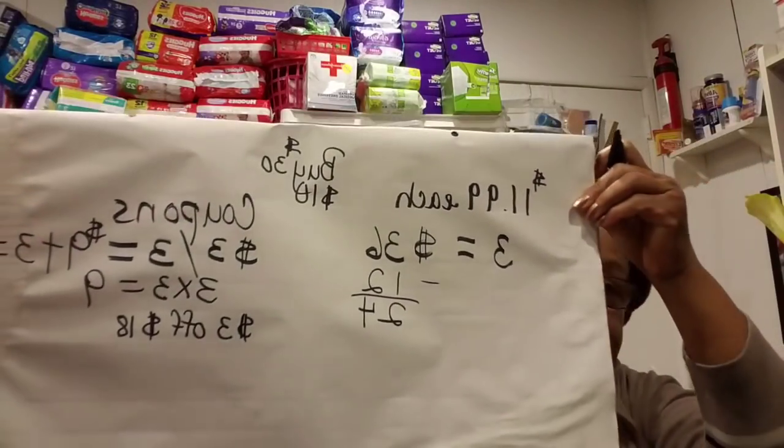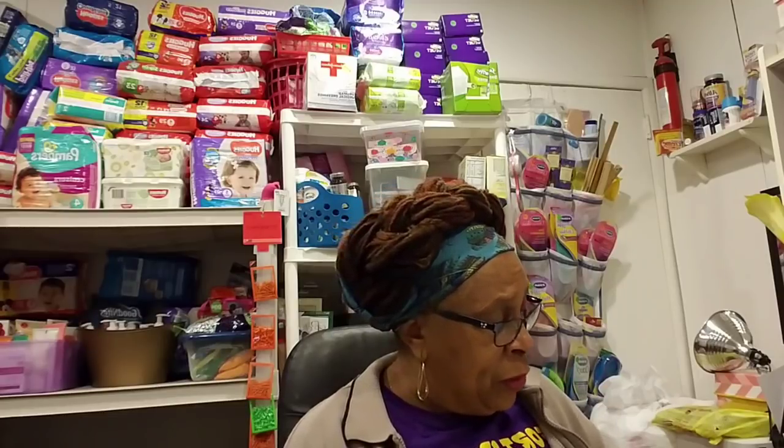That leaves me $24 that I have to pay unless I have some extra care bucks or something like that. Now let's just say I have $20 in extra care bucks that I brought to the store. So when I subtract that $20 from the 24, that leaves $4 that have to be paid in cash.